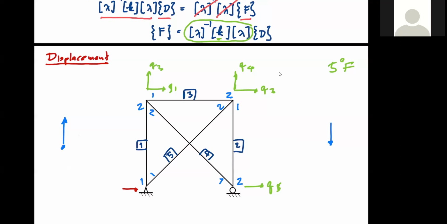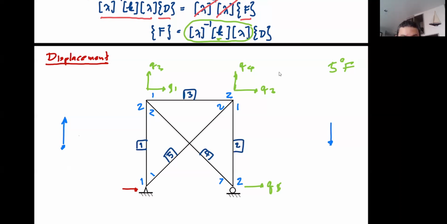Reaction. Yeah, you could say that. And what else? Think about it. Deformation? Really?